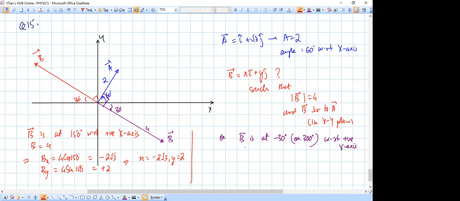Okay. So in that case, B's x component will be 4 cos minus 30. So that will become positive 2 root 3, and B's y component will be 4 sine minus 30. That will be minus 2. So in this case, xy are 2 root 3 and minus 2. So this is the other possibility. So there are two possible solutions.